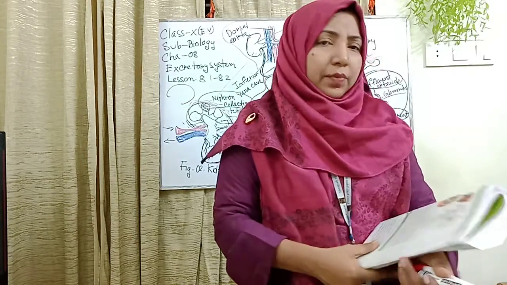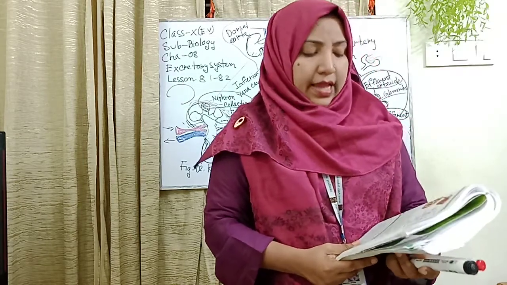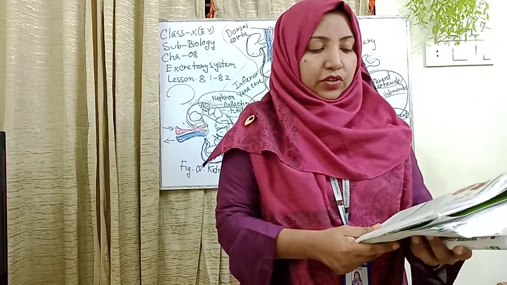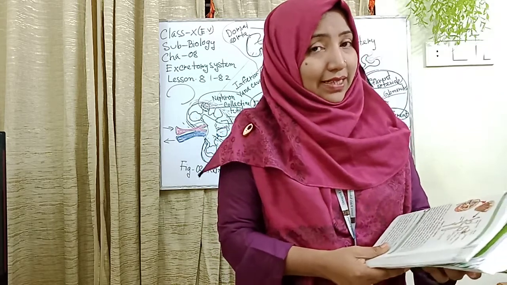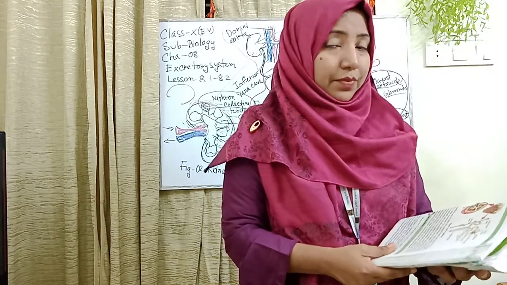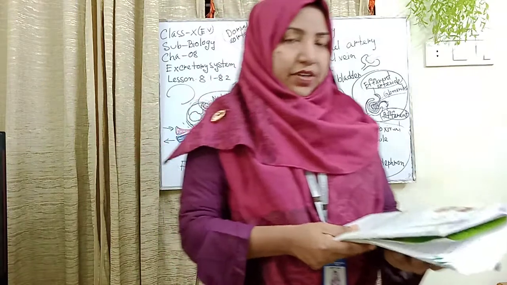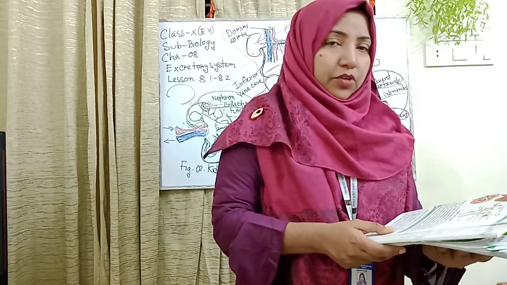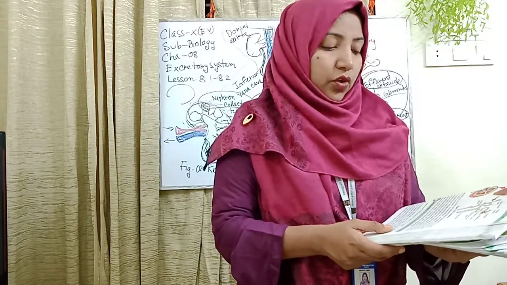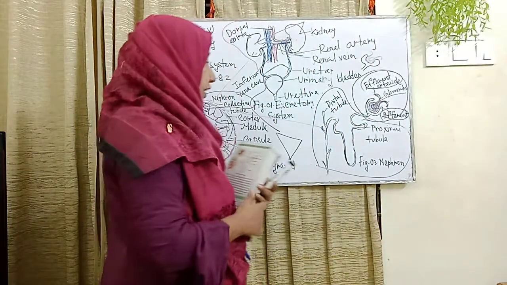The glomerulus acts as a filter and produces filtrate from blood. This is called the ultrafiltrate. When this ultrafiltrate passes through the tubules, it repeatedly goes through absorption and excretion.